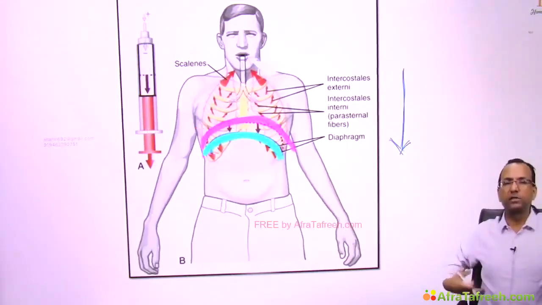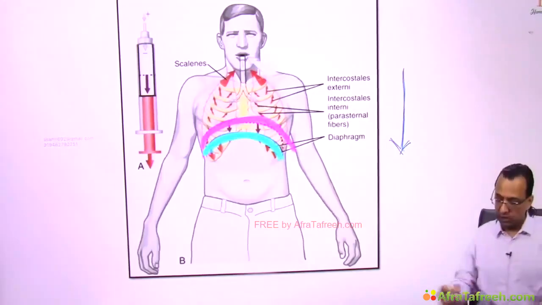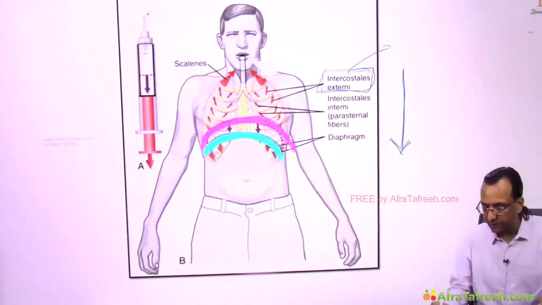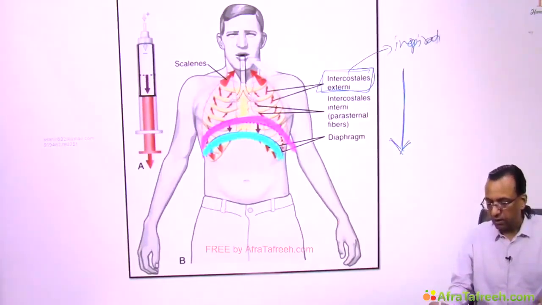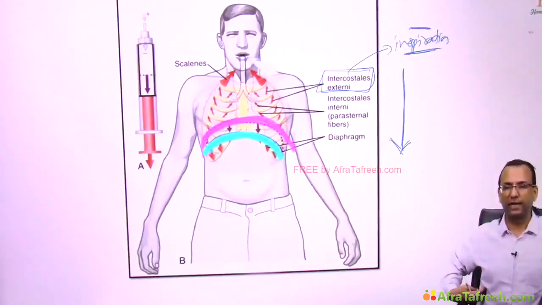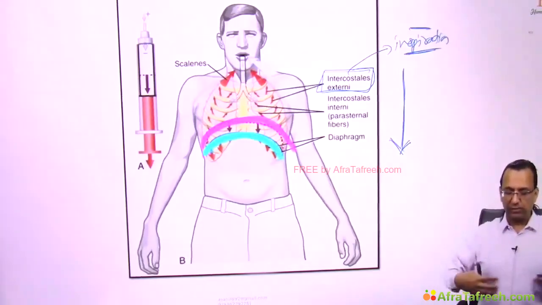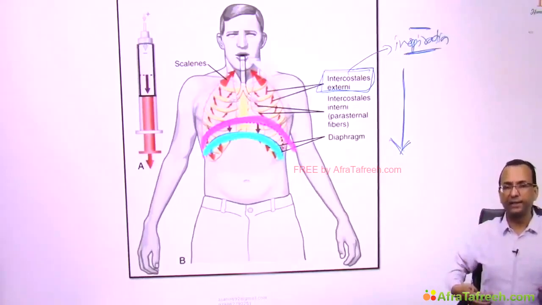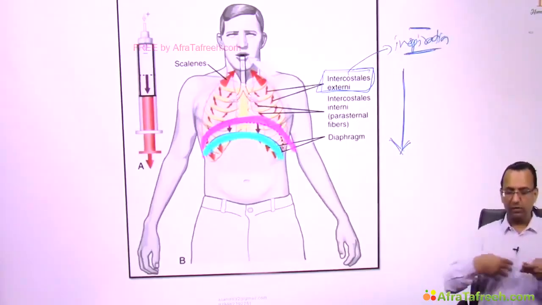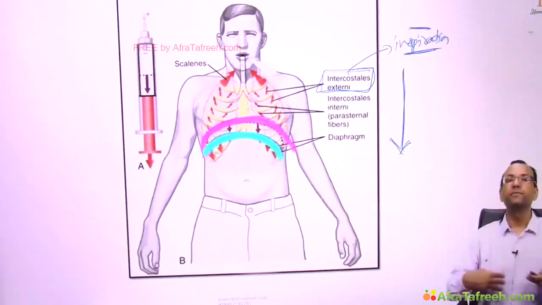External intercostals. The external intercostals help for inspiration. What is the internal intercostal for? The internal intercostal is for expiration. The external intercostal muscle between the ribs is for inspiration, and the internal intercostals, which are deeper, are for expiration. What about the interchondral portion of the internal intercostal?